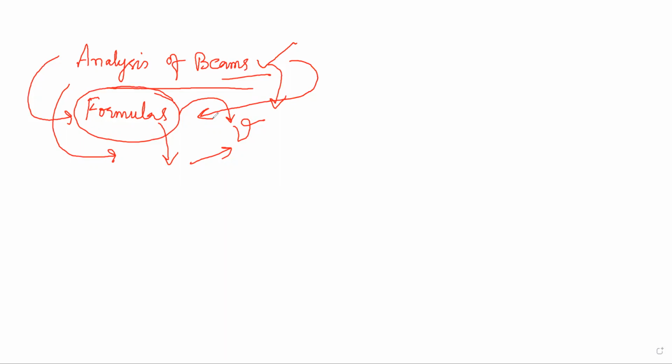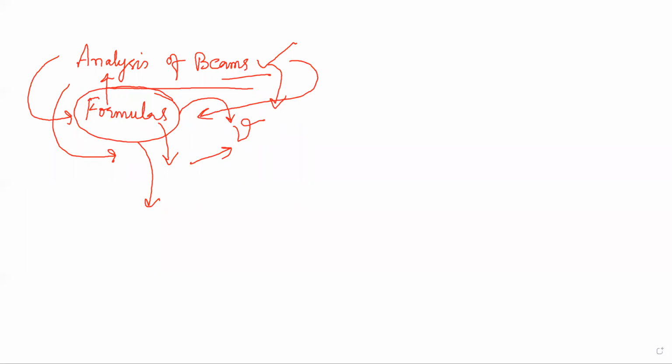But right now, I will first directly use the formulas and make you understand how we obtain the deflection with their help, and then we'll do the analysis to obtain those formulas. Then we'll return back and use those formulas again to calculate the beam deflections.